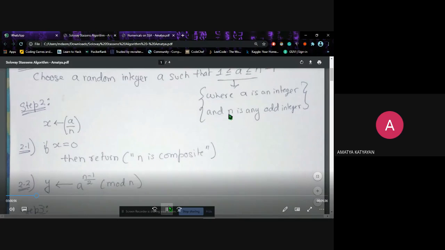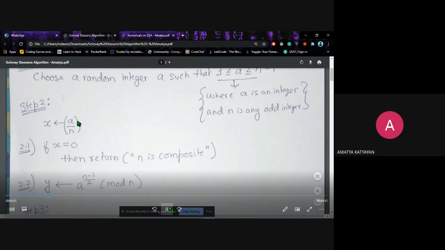Primality testing is done to determine whether n is a prime number or a composite number. Any even number except for 2 is a composite number because it is divisible by 2 also. That is why we consider this only for odd integers.